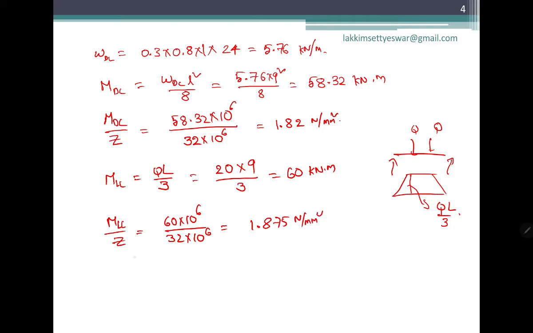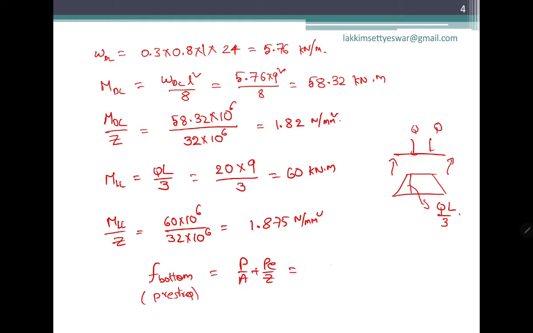Now the total tensile stress at the bottom fiber: due to pre-stress only, we are considering P/A plus Pe/Z.